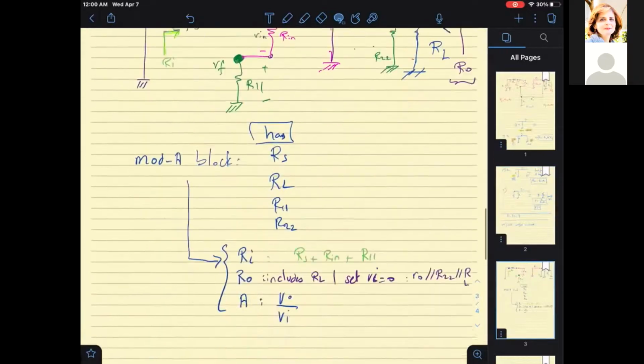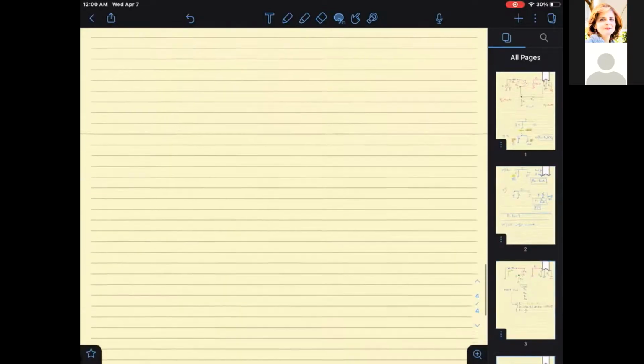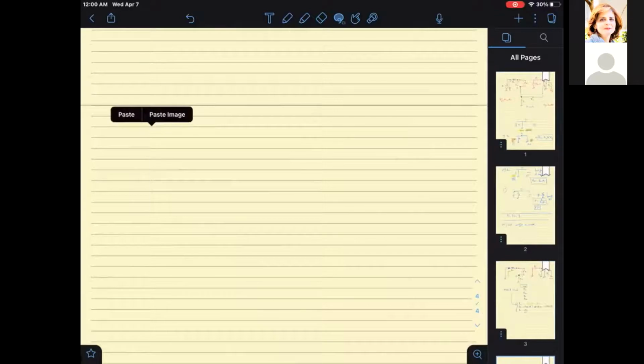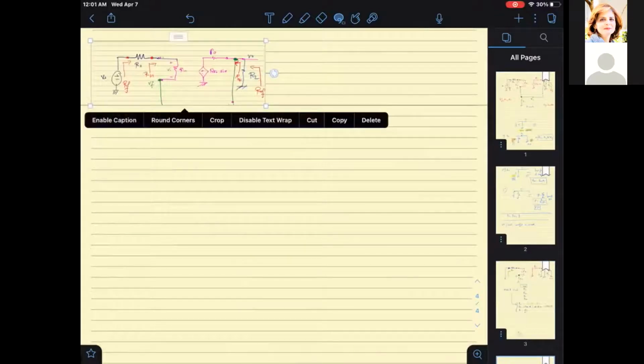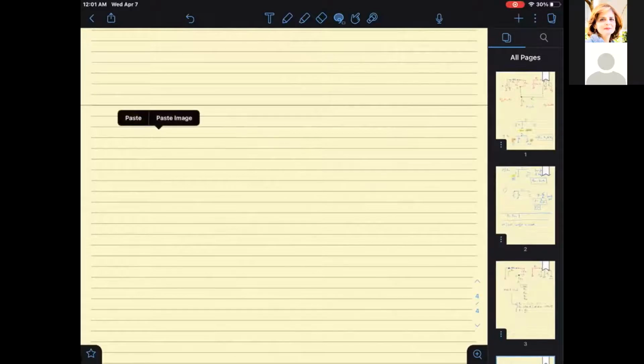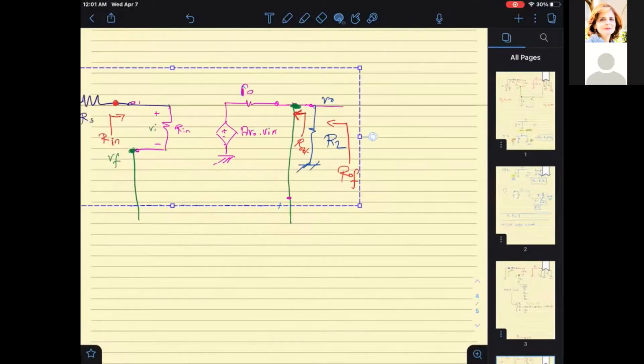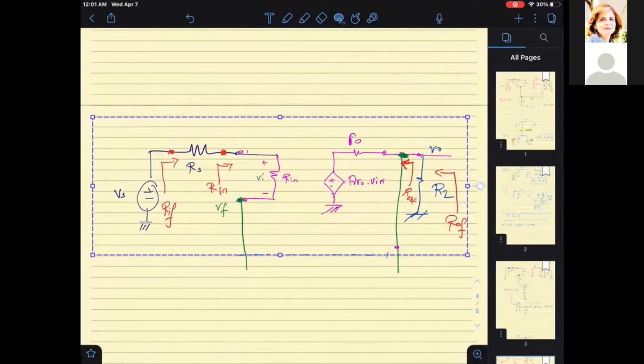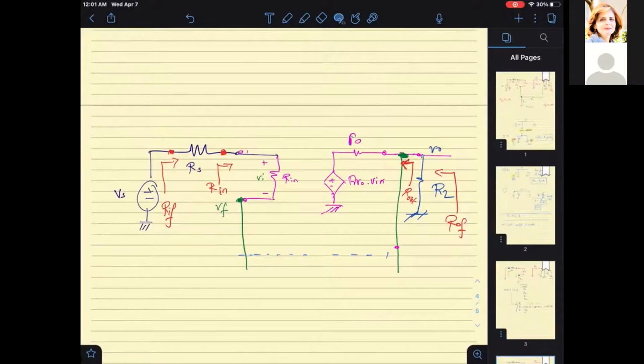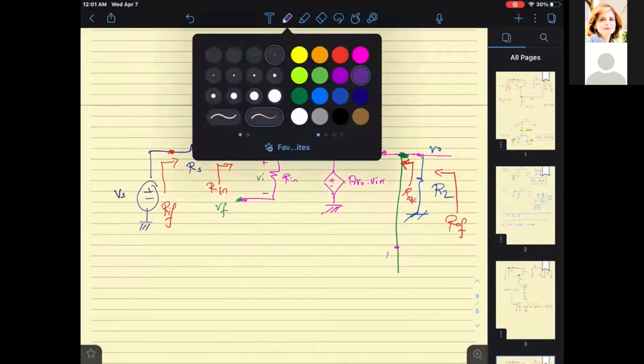For the modified A block, what we did is that we removed the VF connection and we plugged instead of it the R11.